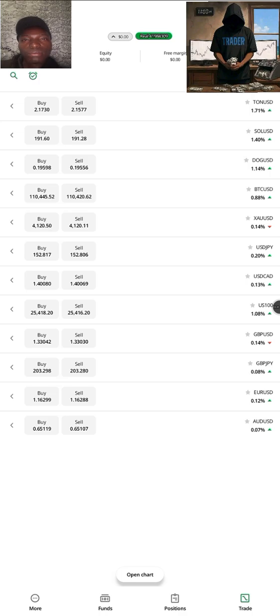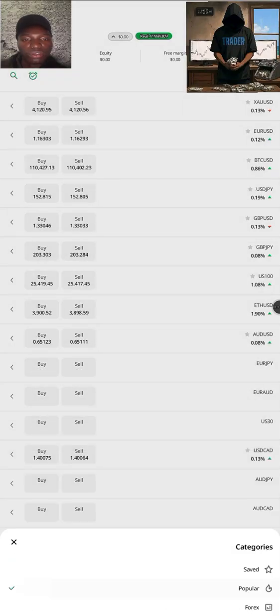Saved ni zile wewe mwenyewe unazipenda na umeziweka kwa saves. Yangu ya kwanza ni Tron to USD, Solana to USD, Doge to USD, Bitcoin, Gold, Japan to USD, USD to Canada, US 100, British Pound to USD, British Pound to Japan, Europe to Japan, Australia.